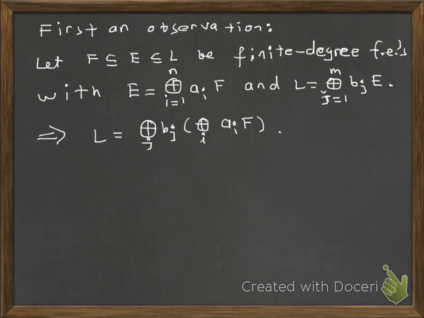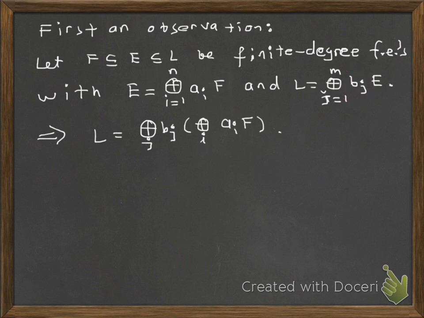we make an observation. First, this is useful. This will be useful in our proof of A being a field. So take a succession of two field extensions, each of finite degree. What does it mean? It means E is finite degree over F, and L is finite degree over E. That means we can find a basis of E as an F vector space, say a set of A_i's, and the basis of L as an E vector space, say a set of B_j's.